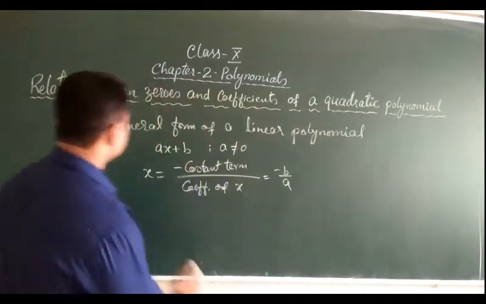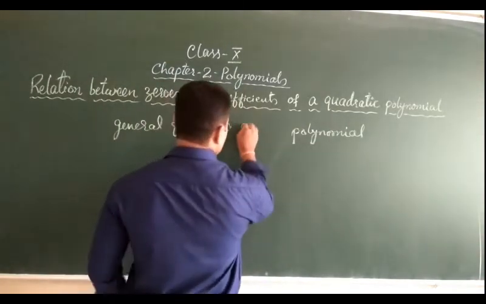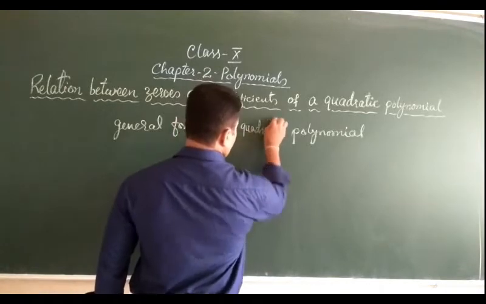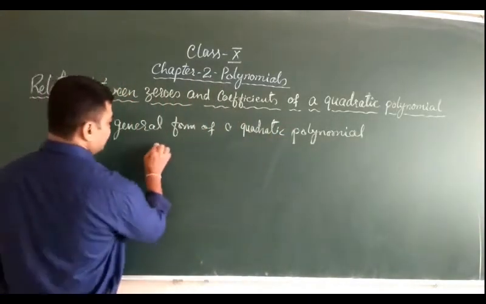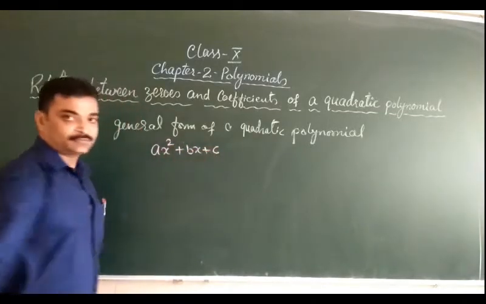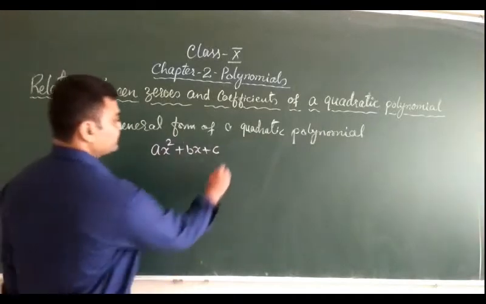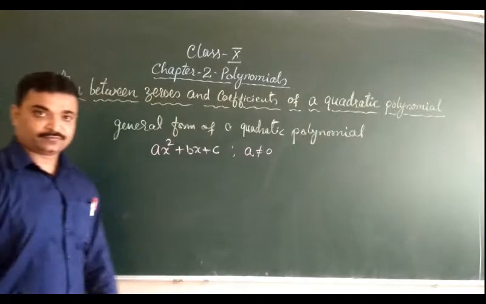Now the general form of a quadratic polynomial is ax square plus bx plus c. Got it? Where a is not equal to 0.